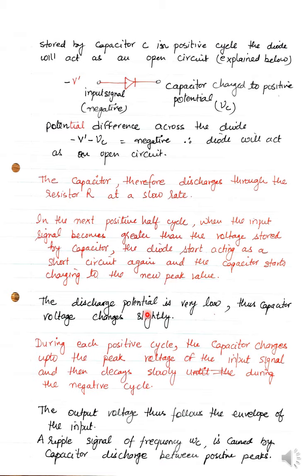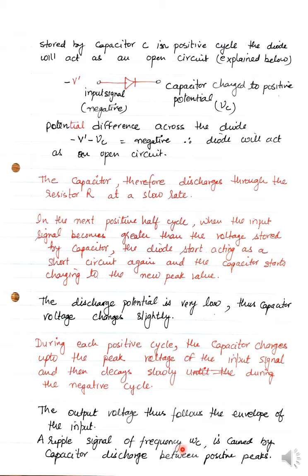The discharge potential is very low, thus the capacitor charge changes slightly, so we can say the capacitor voltage changes slightly. During each positive cycle, the capacitor charges up to the peak voltage of the input signal and then decays slowly during the negative half cycle. The output voltage thus follows the envelope of the input.